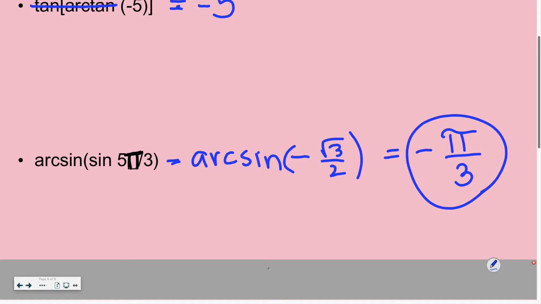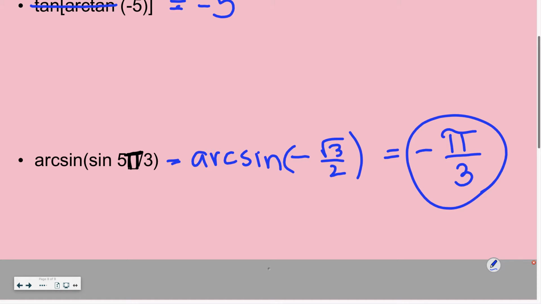Yes, do you have a question? I was just confused on why couldn't we go straight to that step? If we could figure out the negative based off of the sign. So you're saying you don't want to do the middle step, you just know that it's negative pi over 3? I'm asking why did we have to do that step? I just want you to understand how it would go piece by piece.